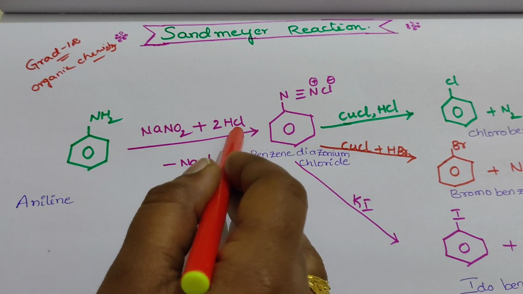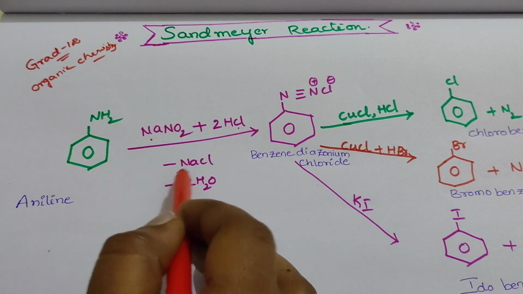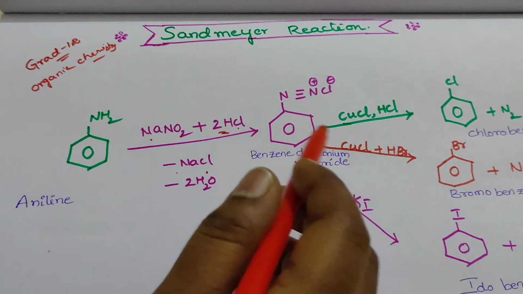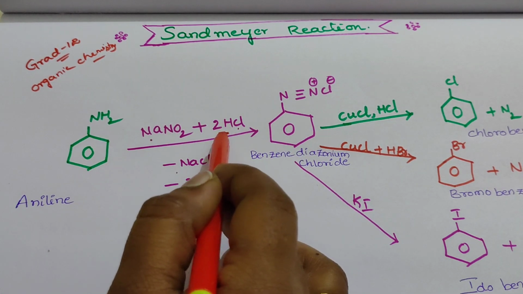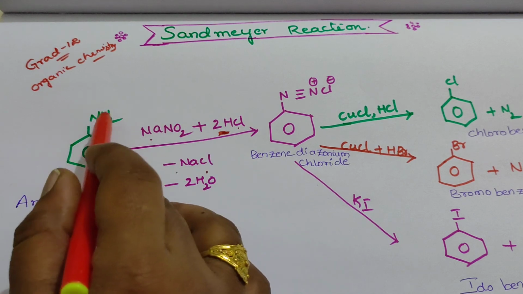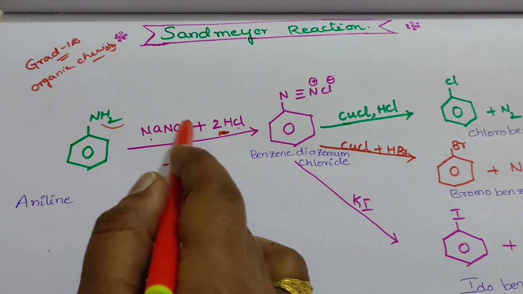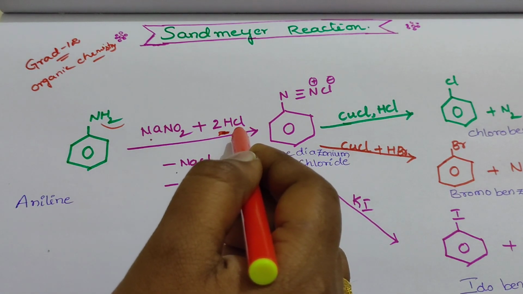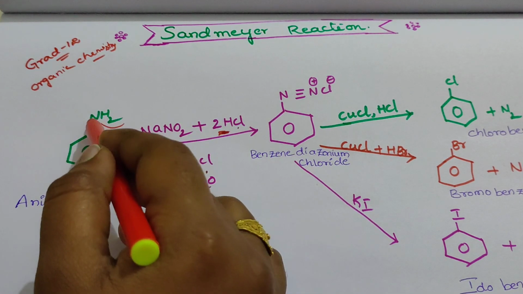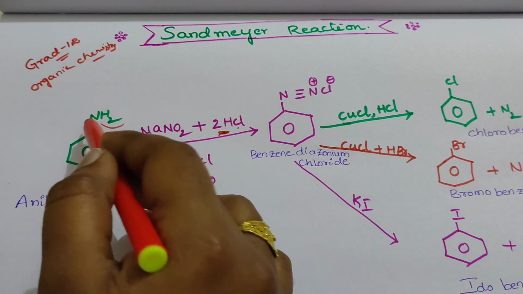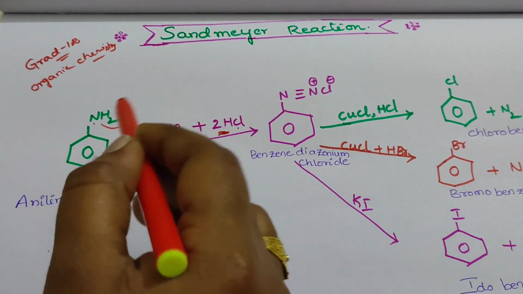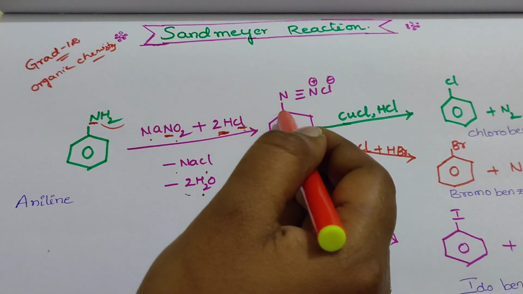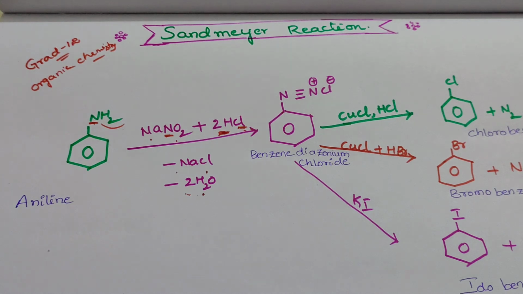NaCl will be removed, and the two hydrogens and oxygen are removed in the form of a water molecule. The remaining chlorine atom and two nitrogen atoms are attached to the benzene ring.